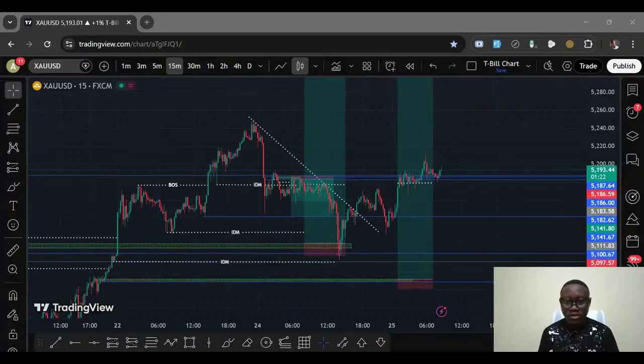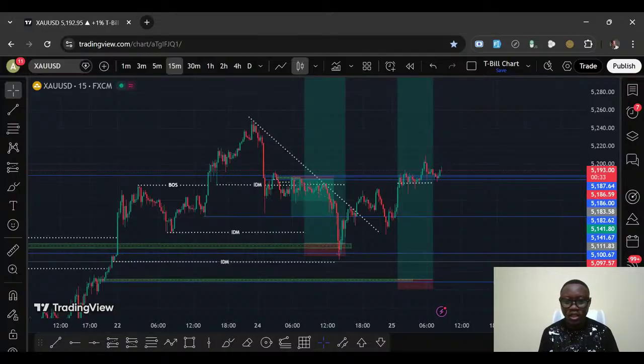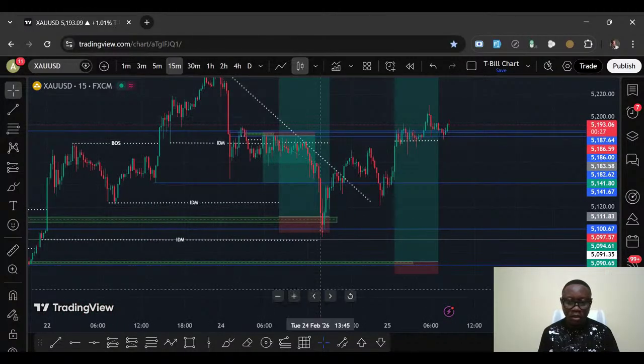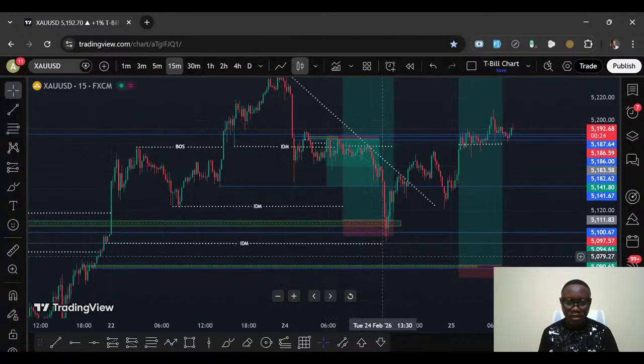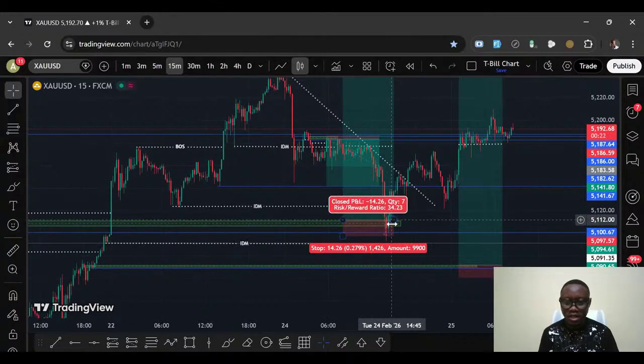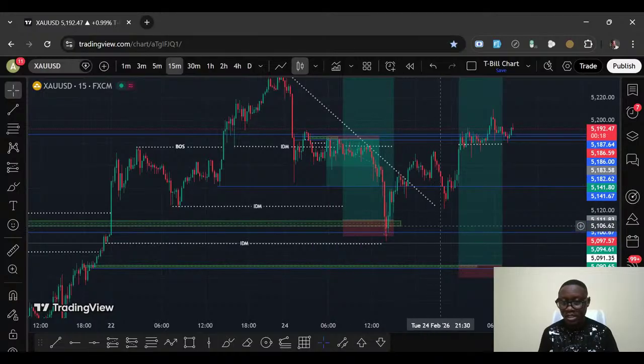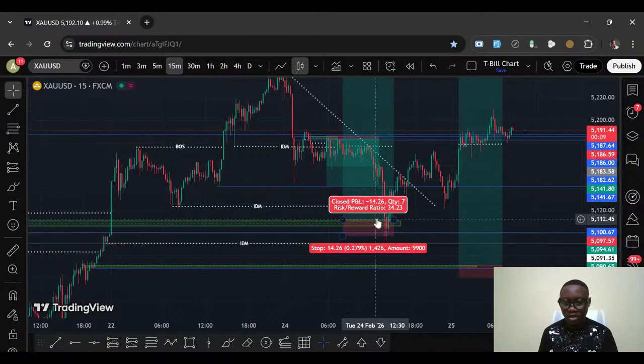All right, great. So in our last session, we were able to mark out these zones. If you look at this, price went down and took us out, although we didn't take the trade just yet, because of course I was trying to look at the price action around that zone.